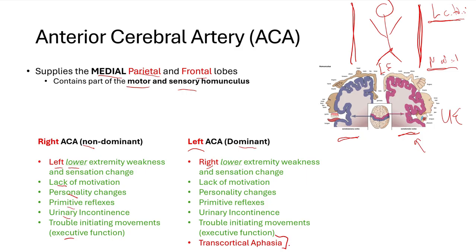Transcortical aphasia can be thought of as Broca's or expressive aphasia, but instead it has intact repetition. In Broca's aphasia, you cannot repeat anything. In transcortical aphasia, you still have broken speech, but you have intact repetition. You can repeat after an individual. This is sometimes given on exam day to help push you more towards the dominant hemisphere being damaged.